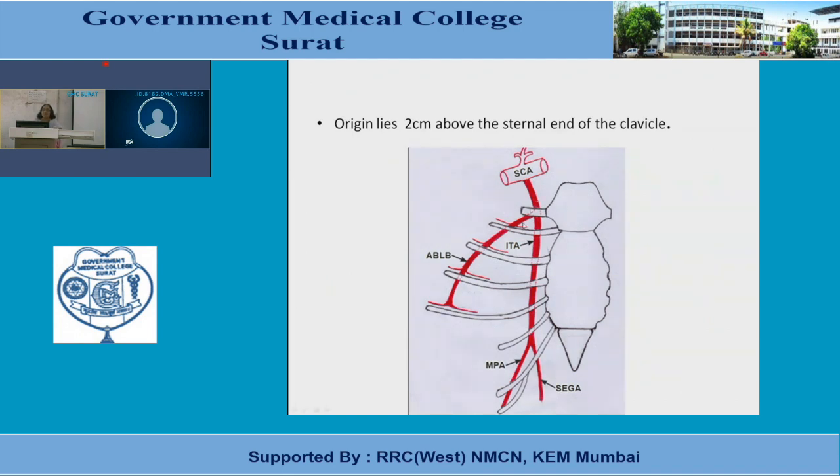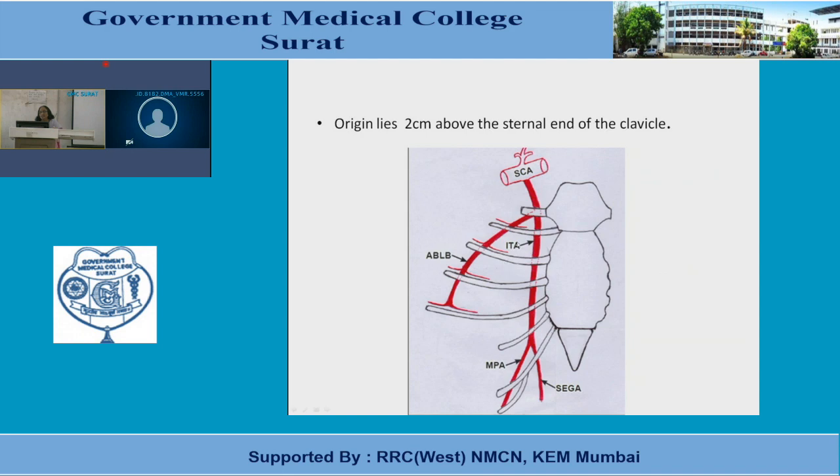This is the first rib, this is the second rib. The second rib articulates through its costal cartilage at this level on the lateral side of the sternum. Above that is the first, the second is at the sternal angle, and below that you can see the third, fourth, fifth, sixth, seventh. All seven ribs articulate with the sternum anteriorly and posteriorly articulate with the body of the vertebrae.